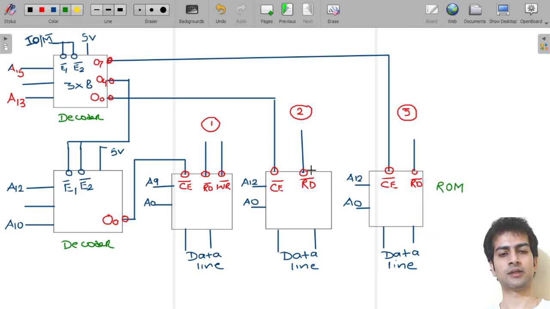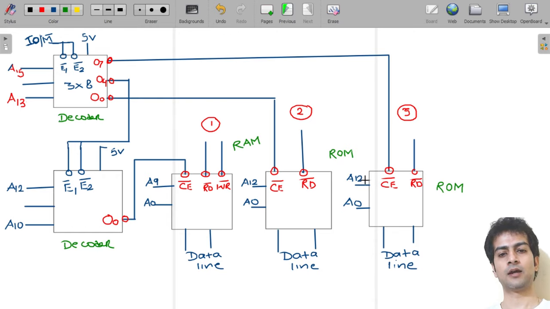If I talk about this, then here also RD bar, so this is also read only memory. Here we can find RD bar as well as WR bar, that is, read and write both are possible. So this is our RAM, random access memory.